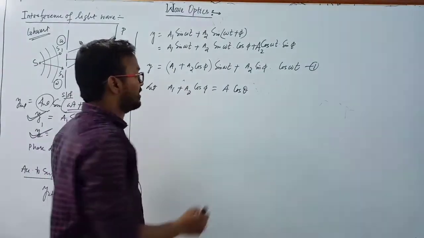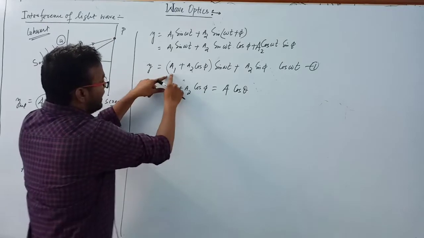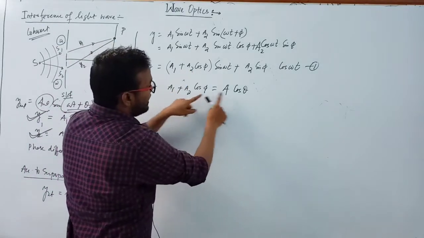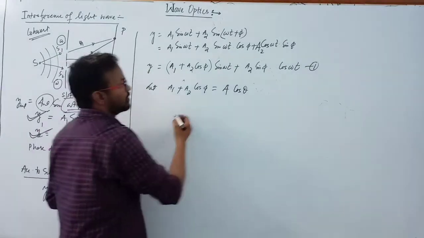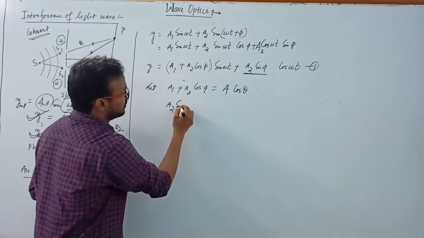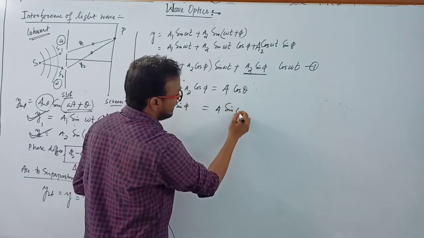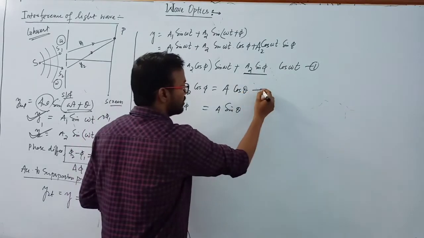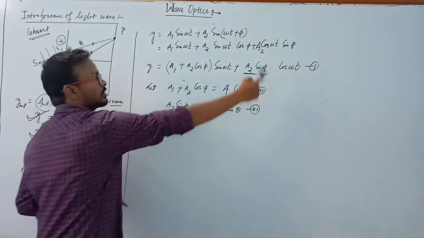Why I am taking this, you will understand after a few minutes. So a1 plus a2 cos phi we take as A cos theta. We already discussed this in the first chapter also. And there is another term, a2 sin phi, which can be taken as A sin theta. Now use equation number 2 and equation number 3 in equation 1.